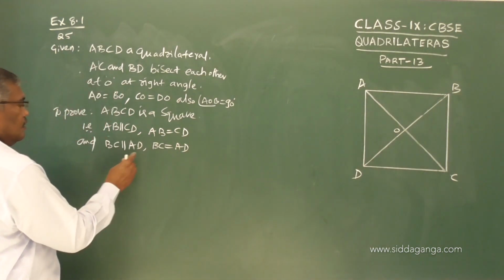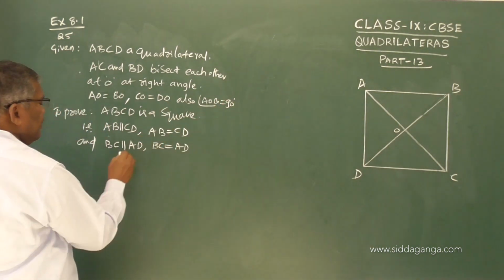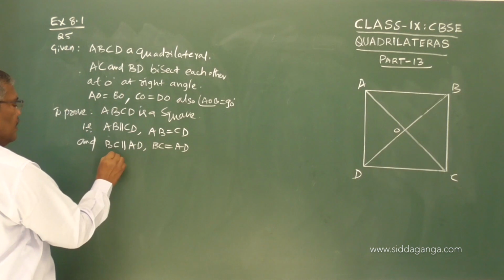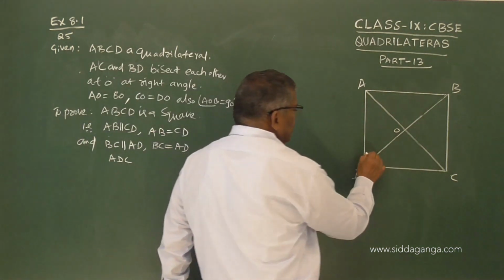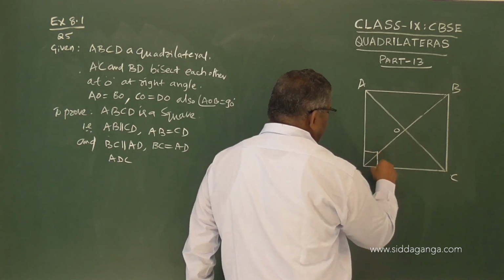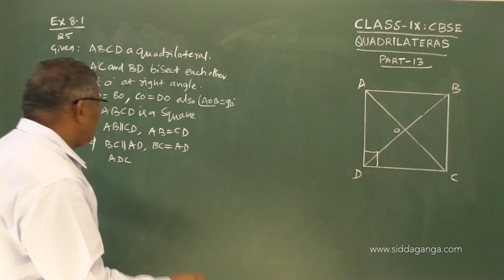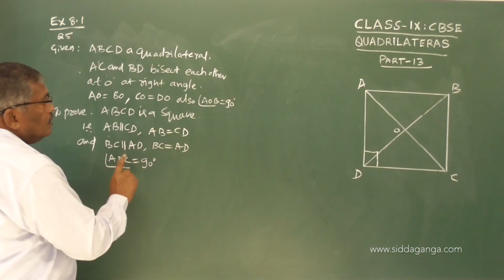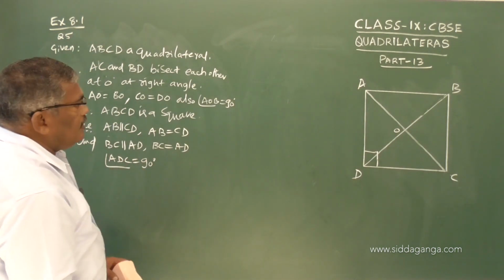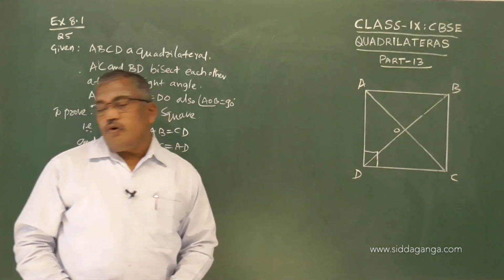And one of the angles you can take, angle ADC, we have to prove that it is 90 degree. If you prove this, then we can say it is a square.